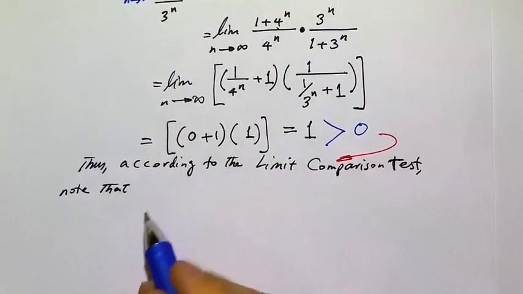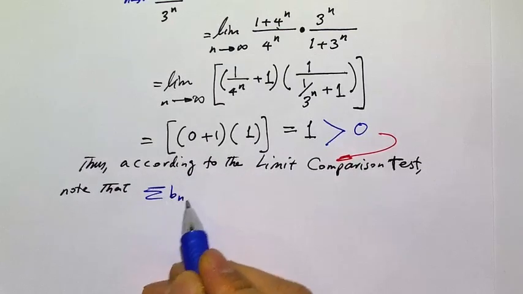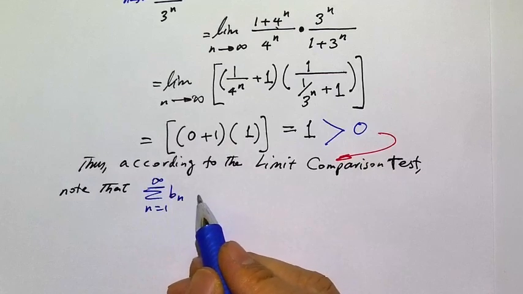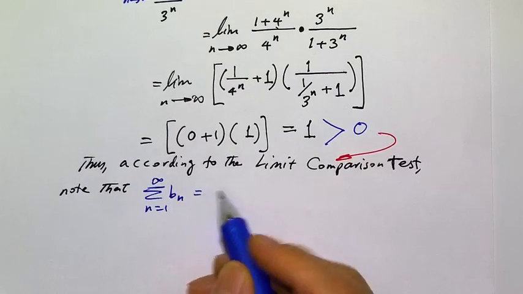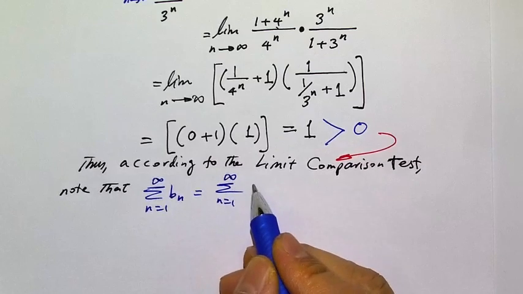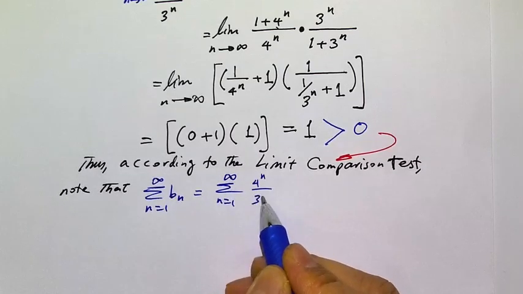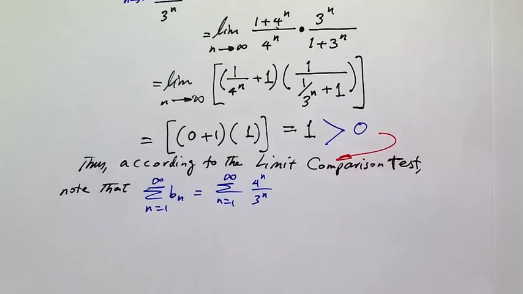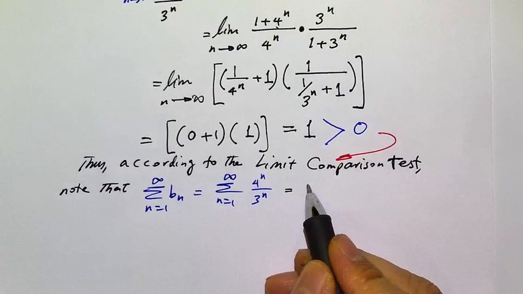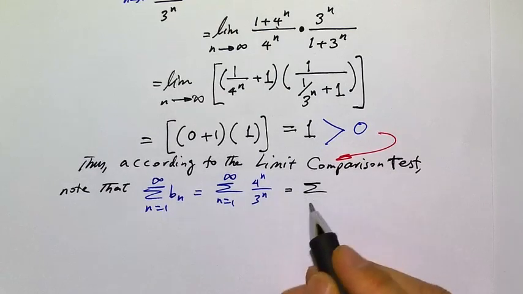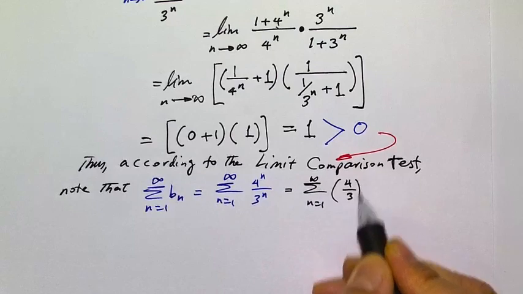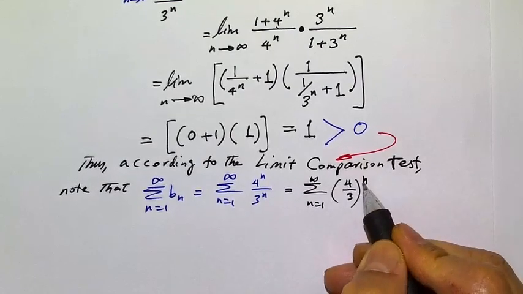Note that this series that we picked, from 1 to infinity, is equal to 4 to the n divided by 3 to the n. This is equal to 4 over 3 to the n power, right?